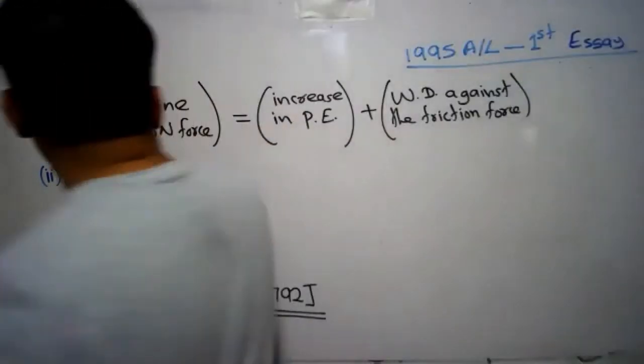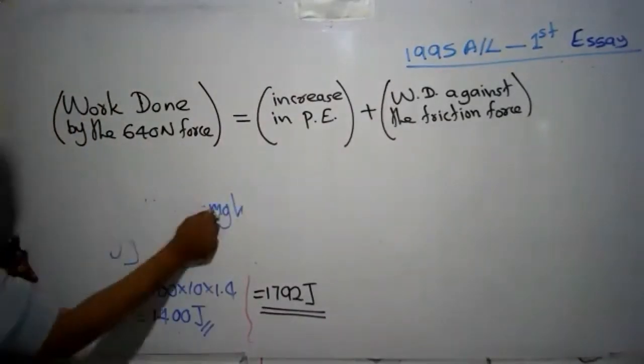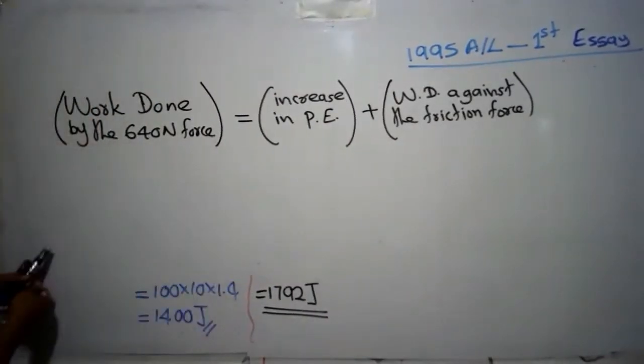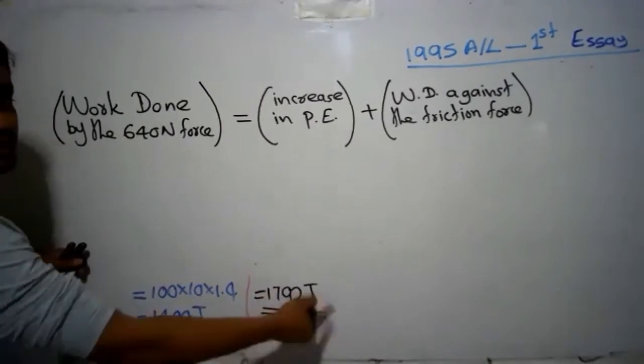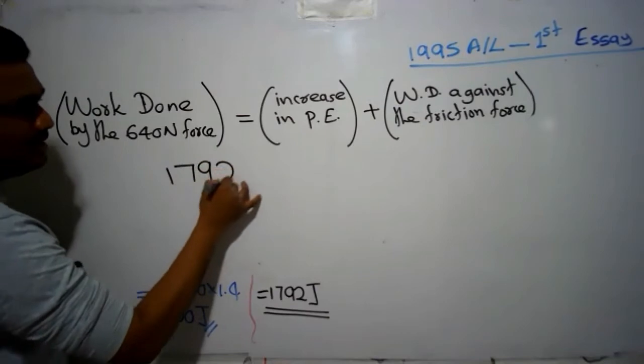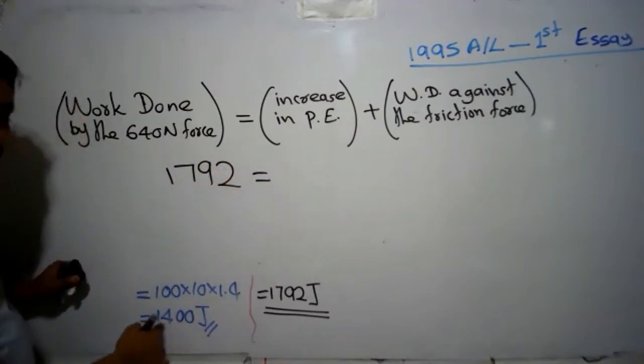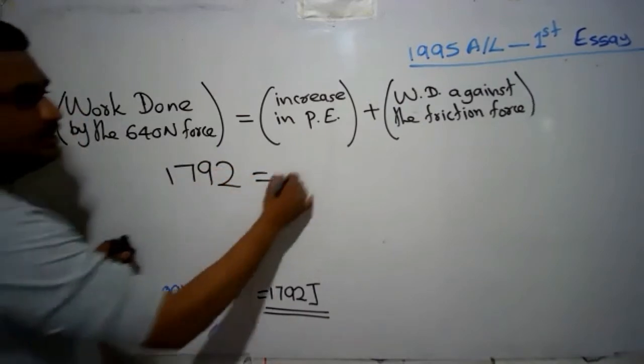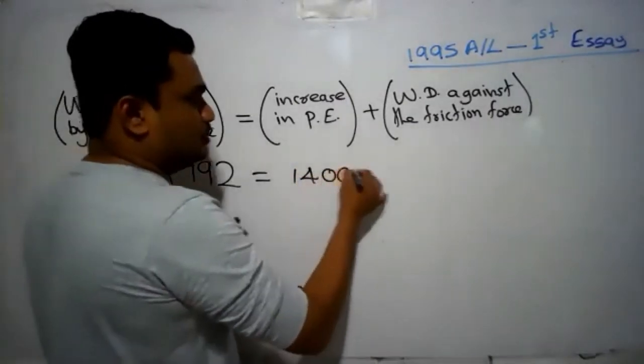Work done by the 640 Newton force is 1792. We have found it as 1792. Increase in potential energy, we have found it as 1400 joules.